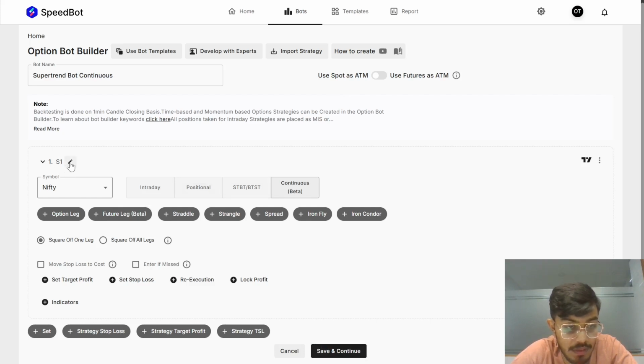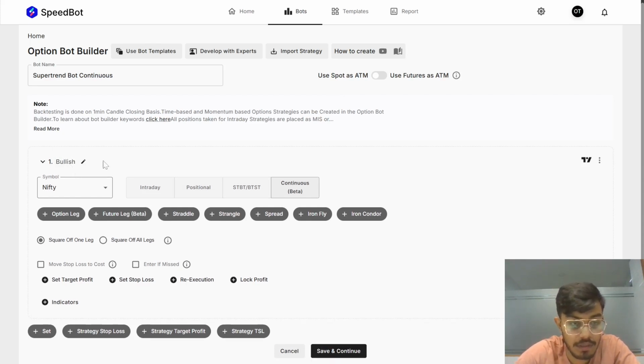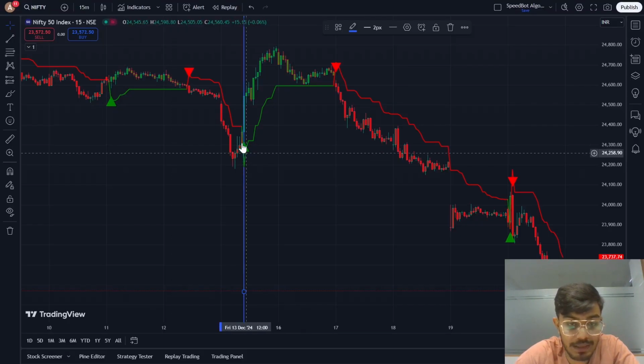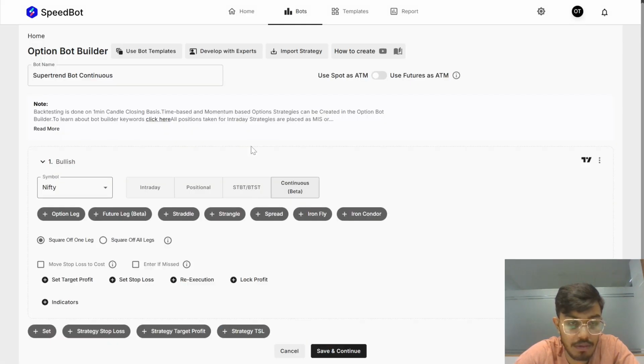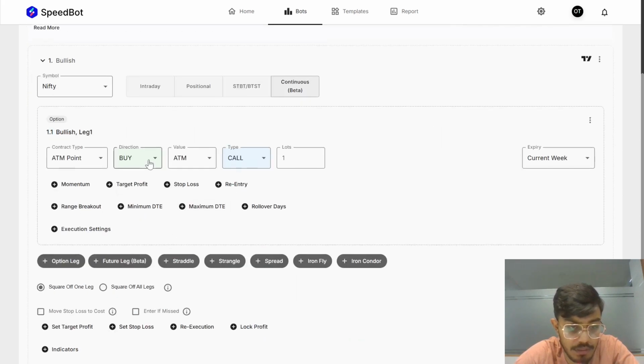I'm just taking the example for the bullish entry. That is, whenever we get the green signal, then we'll be shorting the put option for Nifty on a continuous basis. I'll be just adding the option leg over here.